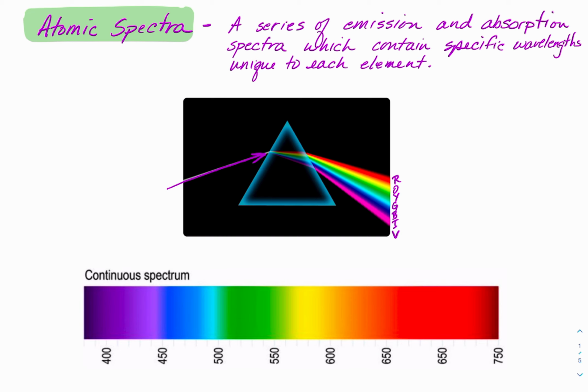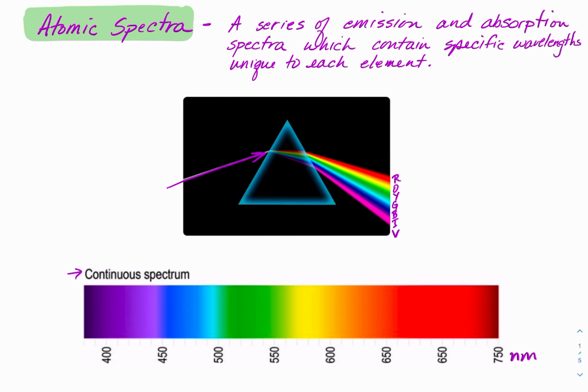The continuous spectrum shows all of the rainbow of visible wavelengths of light along with their respective wavelength measured in nanometers at the bottom. So this is very nice to be able to separate wavelengths of light in a spectrum so that you can see all of the various visible wavelengths.